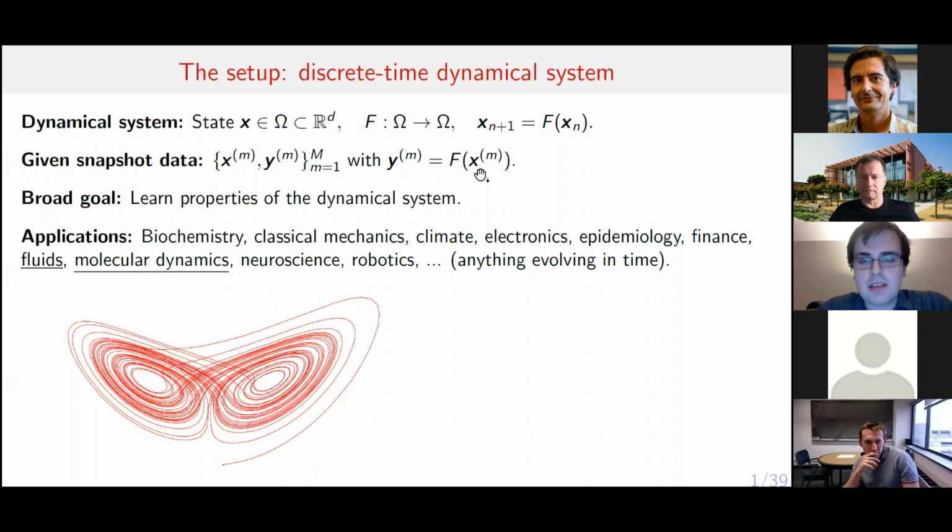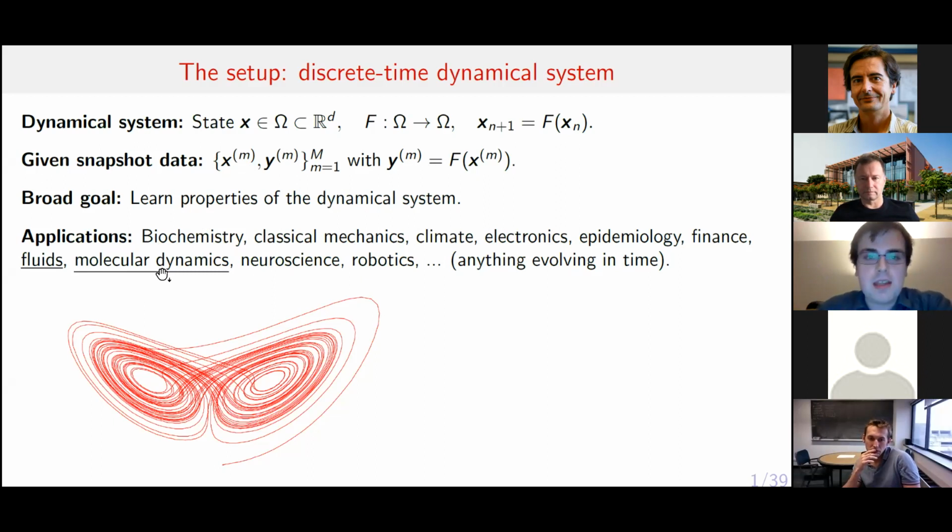The broad goal, which I'm sure we're all familiar with, is to learn the properties of the dynamical system from this snapshot data. There are many applications, and here's a very short list. Pretty much anything that involves time evolution can be put into this framework. I've underlined two applications that we're going to look at at the end of the talk: fluids and molecular dynamics.